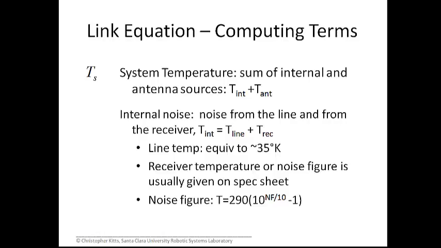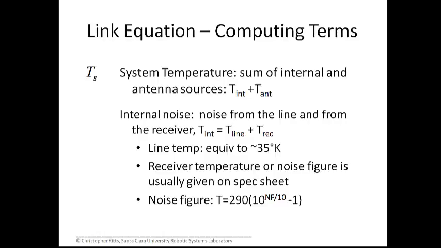So when you get a receiver, a lot of times on the spec sheet they'll either tell you the equivalent noise temperature of the receiver, or they may give you another factor called the noise figure. And there's an equation we use that you see there in the last sub bullet that if I have the noise figure, I can go through a process to compute the equivalent noise temperature. And so ultimately it's a piece of information we get off a spec sheet, and we plug and chug in terms of the relationships that we use to do the analysis.